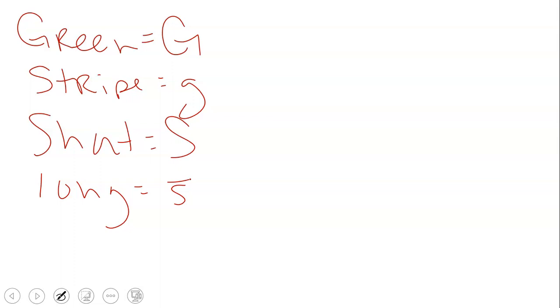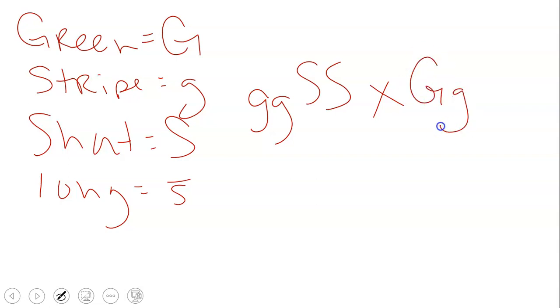Let's put the color gene before the length gene. So striped would be little g, and short would be big S, big S. We're going to mate that individual with a plant that is heterozygous for both characters, so big G, little g, big S, little s. This would be a green short. It says what phenotypes would this cross produce and in what ratios?